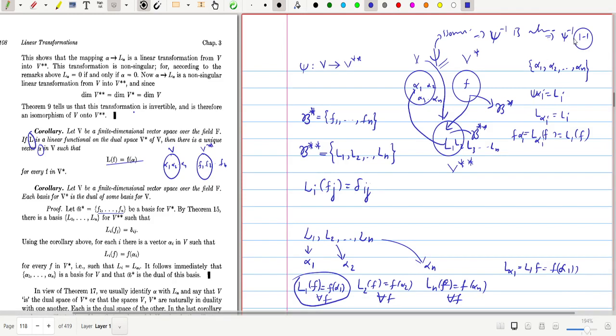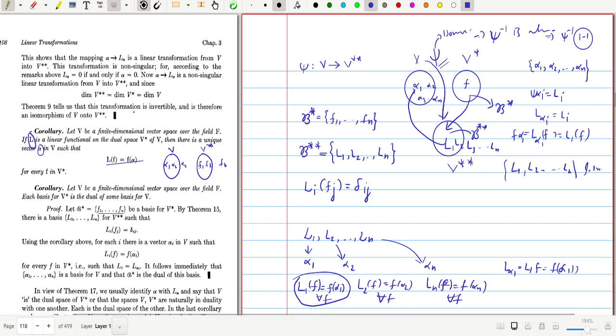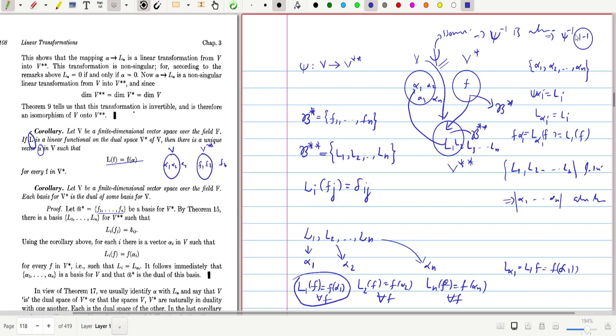But non-singular maps carry an independent set to an independent set. So since L1, L2, etc., Ln are linearly independent, this implies alpha 1, etc., alpha n are linearly independent, because psi inverse is a one-one non-singular map.